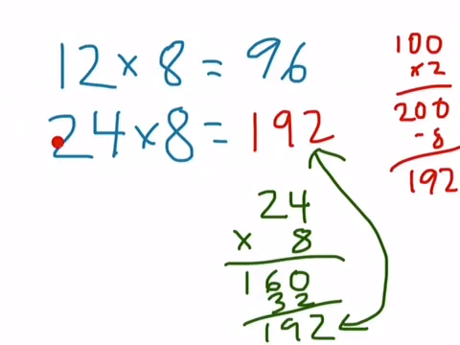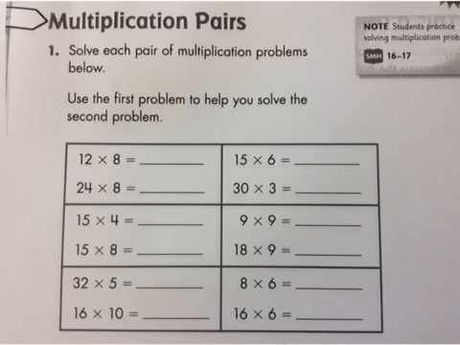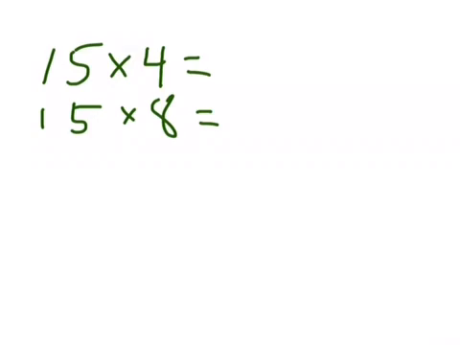So if one factor is doubled, then the product will double, as long as the other factor stays the same. So this one here should work the same too, because 15 stays the same, and 4 gets doubled. So my mental math for 15 times 4, I know 15 times 2 is 30, so 30 times 2 is 60. So that's how I do that one mentally. And then we can just use our trick, right?